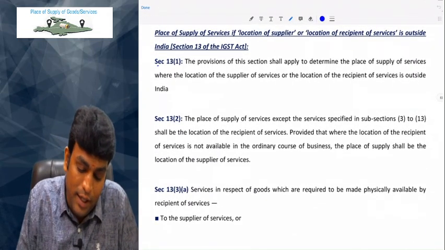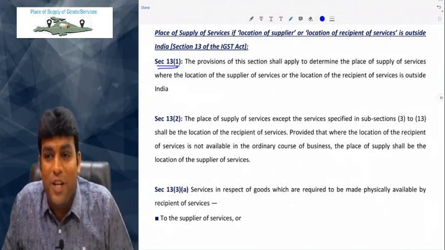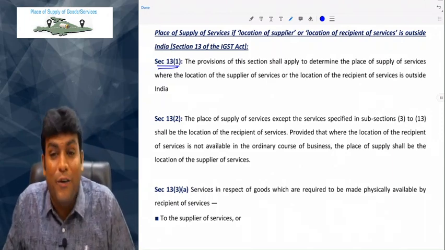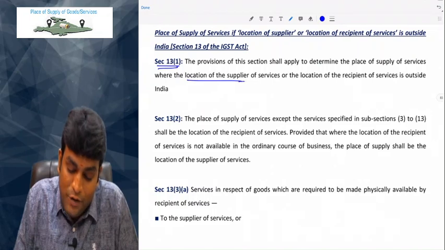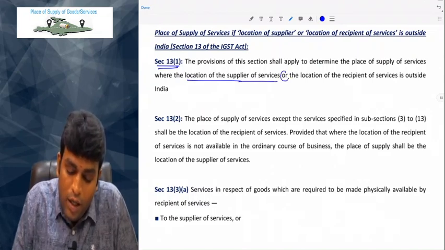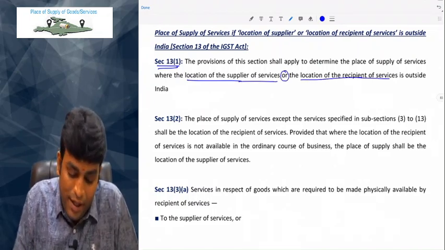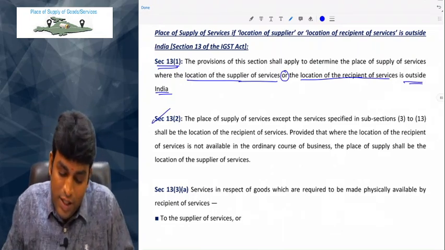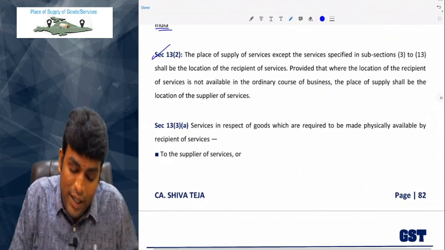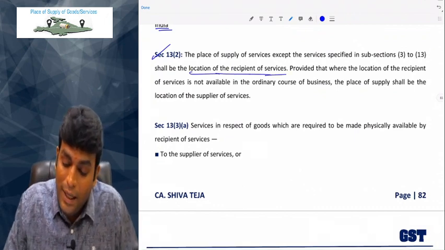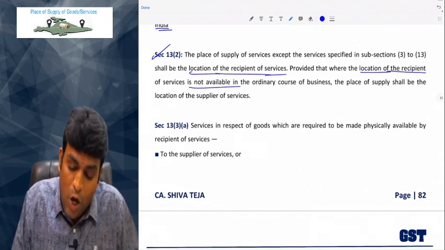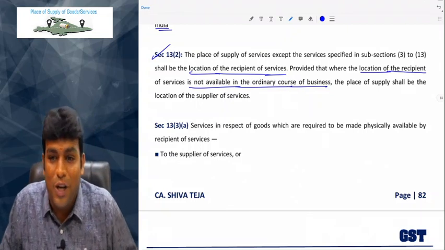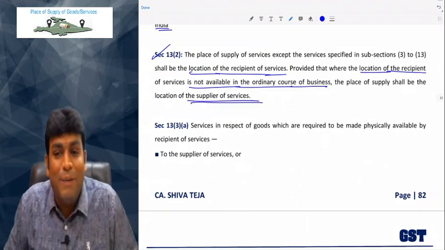First of all, 13.1. Provisions of this section will apply to determine the place of supply of services where the location of the supplier or the location of the recipient is outside India. Obviously, 13.2 is the general rule, where we learned that it is the location of the recipient. But if the location of the recipient is not available in the ordinary course of business, it is the location of the supplier.